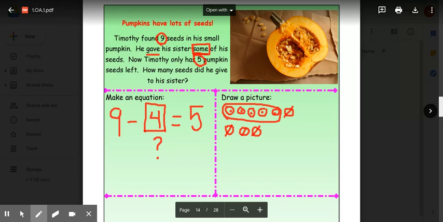He had 9 pumpkin seeds. He gave 4 to his sister and has 5 left. 1, 2, 3, 4, 5. Now that we've drawn a picture to solve, let's use our number line to solve.